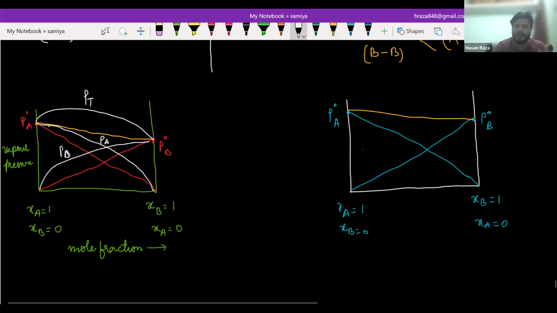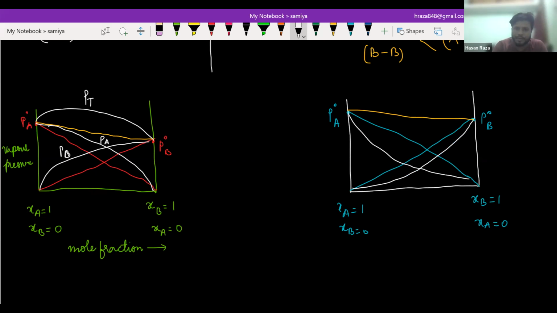But when we talk about negative deviation, the vapor pressure will be lower, so the graph will be like this and like this. Total vapor pressure will also decrease. So this is for PT, this is for PB, and this is for PA.